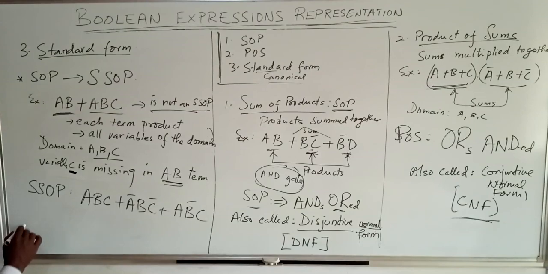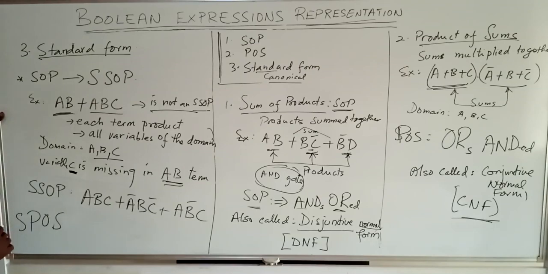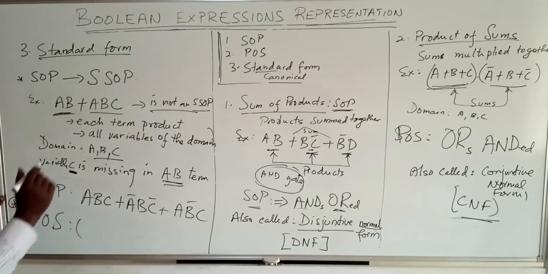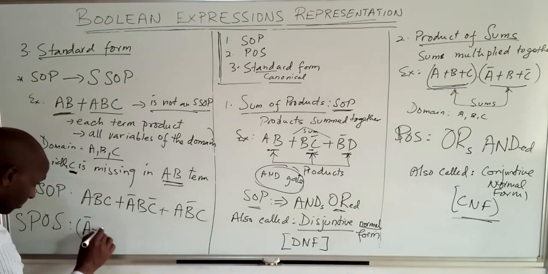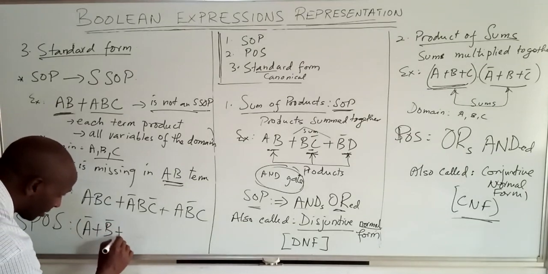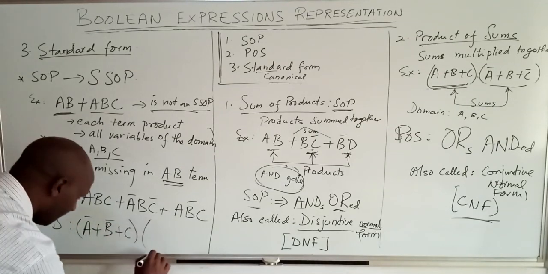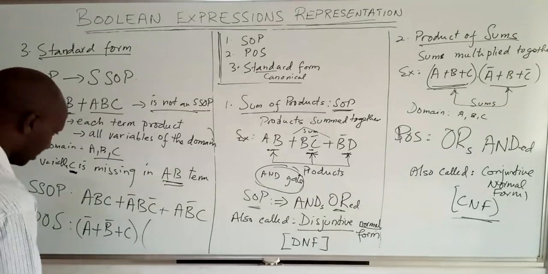Now, what about a standard product of sums? It is the same. Each variable will be represented in each term. Remember, this is the product of sums: A bar plus B plus C is the first sum.